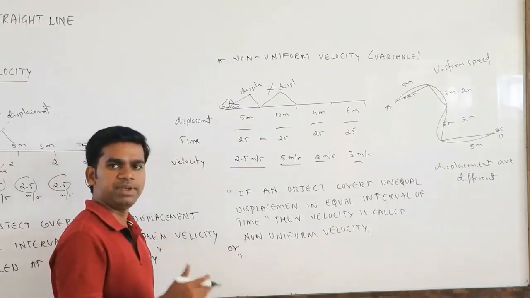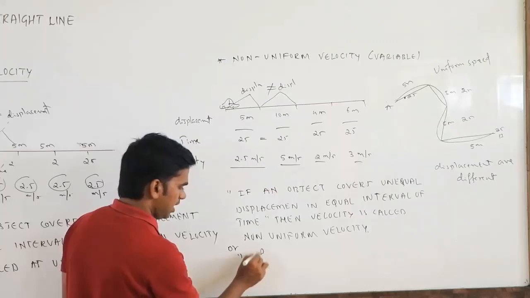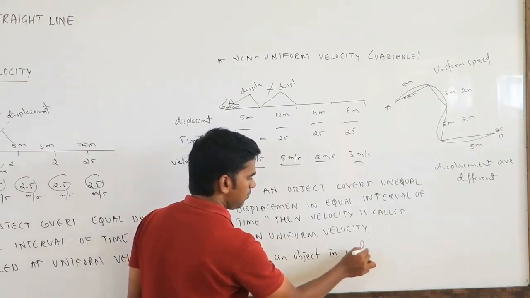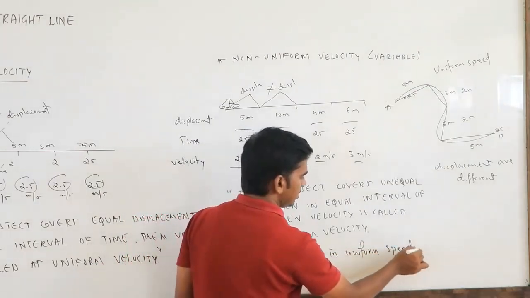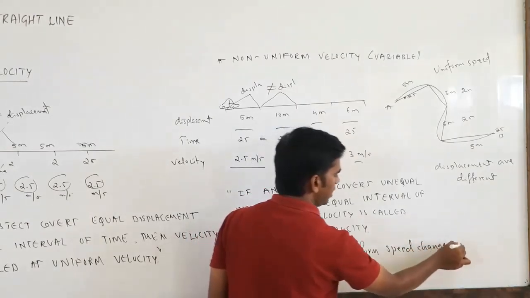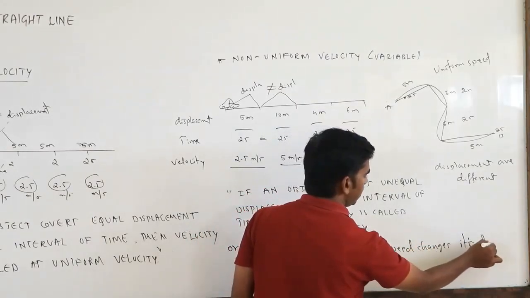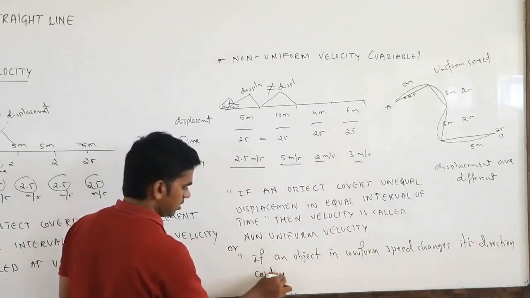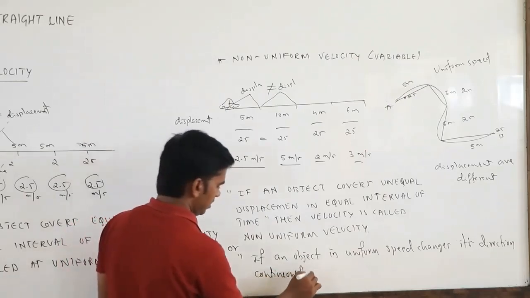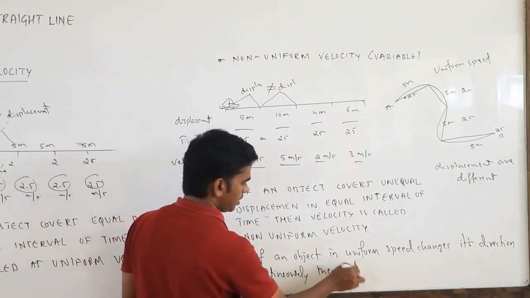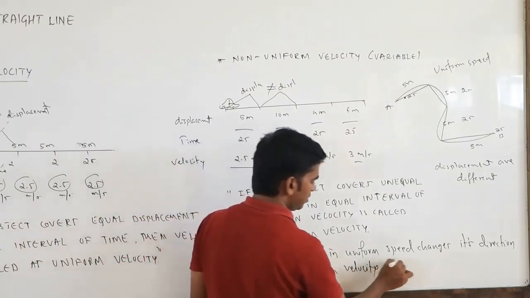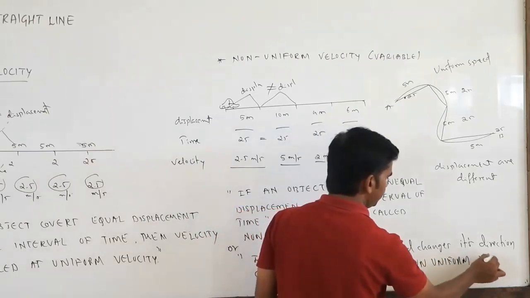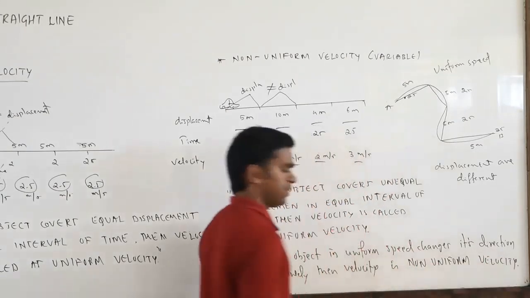If an object in uniform speed changes its direction continuously, then also velocity is non-uniform velocity. I hope you are getting it.